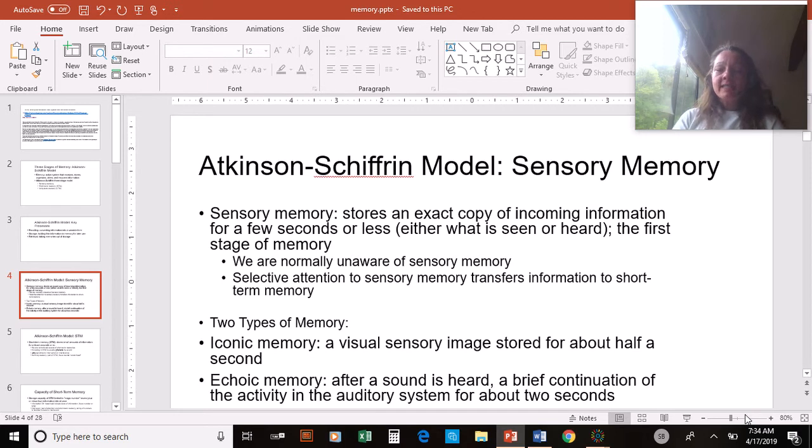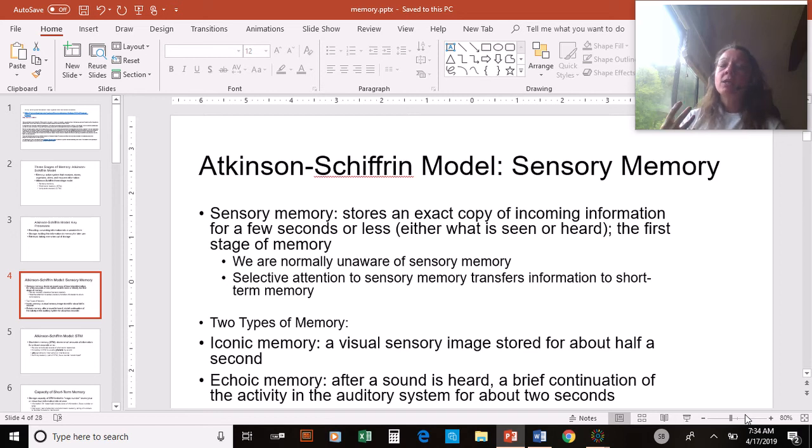Sensory memory is that exact copy of incoming information for a few seconds or less. Like I said, it's very fleeting, and it's usually something that we see or hear. A lot of times we're unaware of much of that sensory information coming in.